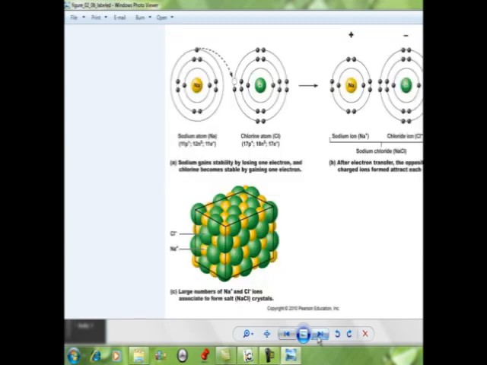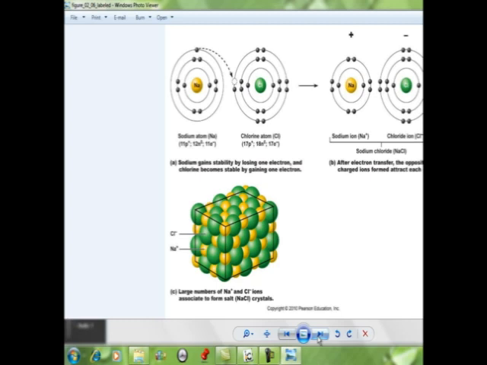Yes? That's why things react with each other. That's why things join together. They're trying to give each other something they need, stability. If I have sodium over there and chlorine over here, are they going to react with each other? No. How come?